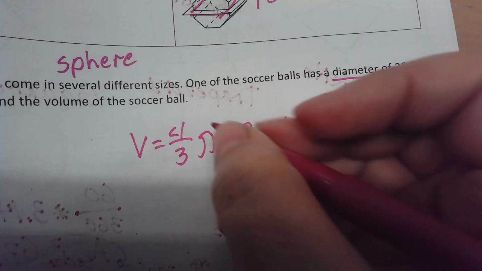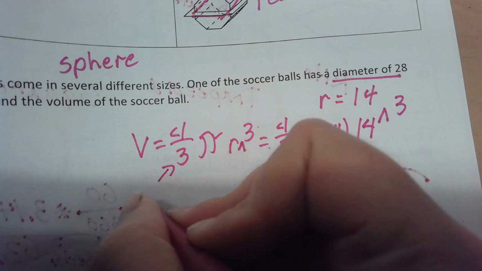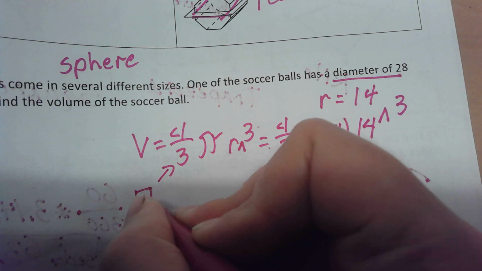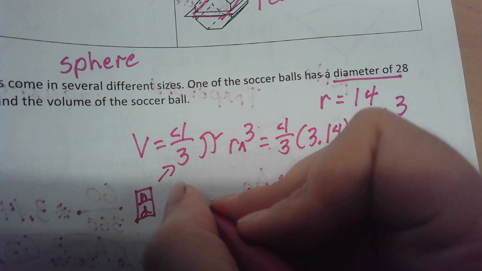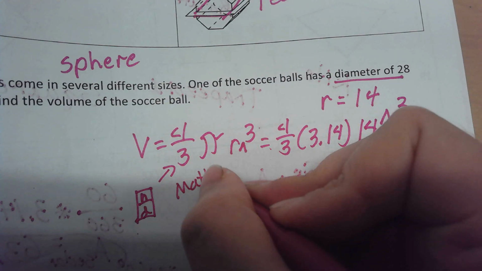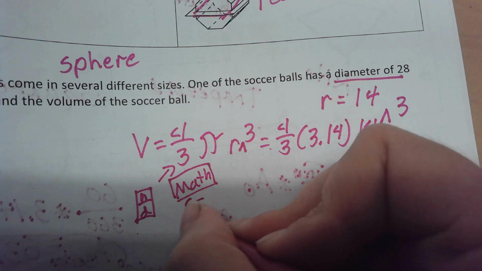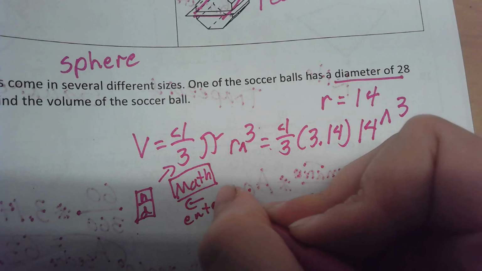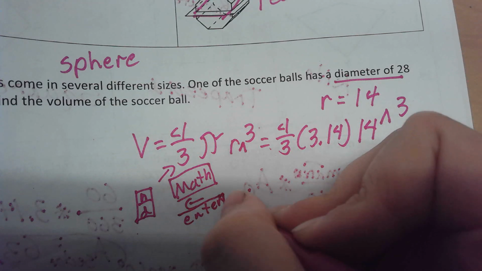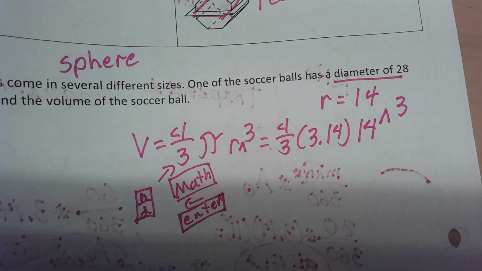So again, everybody remember for the fraction part, you can use N over D on the yellow calculators. On the graphing ones, it's math, scroll left and enter. Okay, to get the fraction.